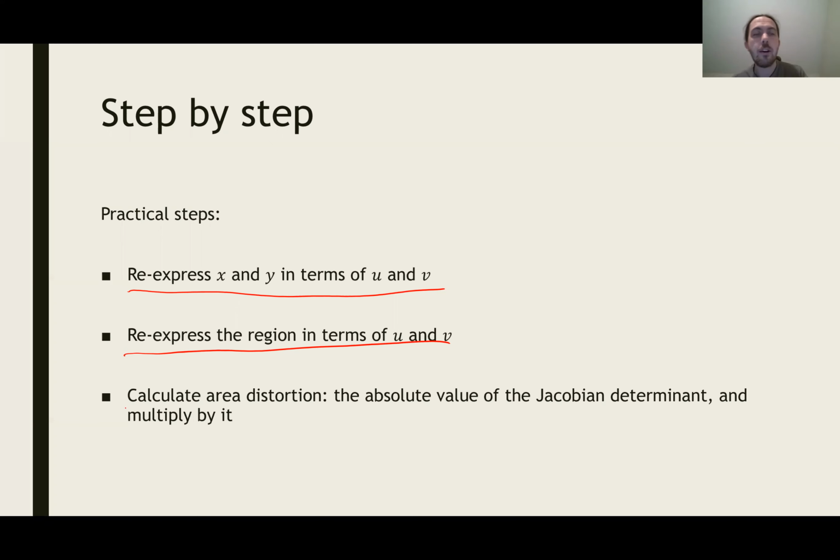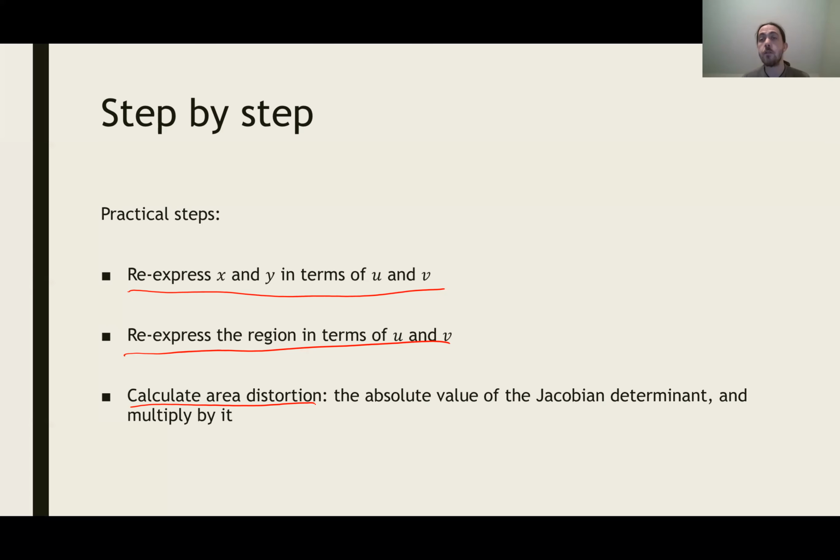And then we calculate the area distortion factor. We write down this Jacobian matrix, we take its determinant to get a Jacobian determinant, and then we take its absolute value. That's the area distortion factor. We want to multiply by that to compensate for the area distortion so that our answer is going to be correct at the end of the day.